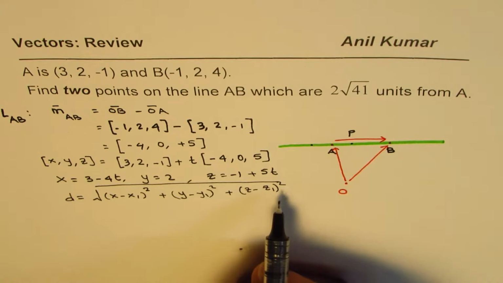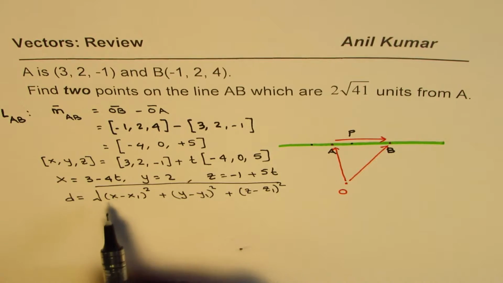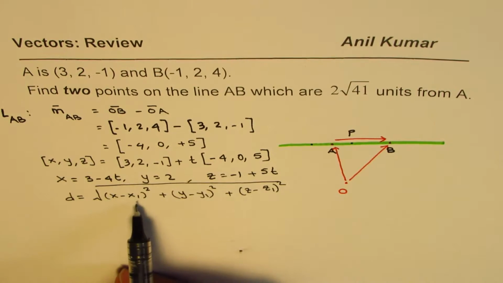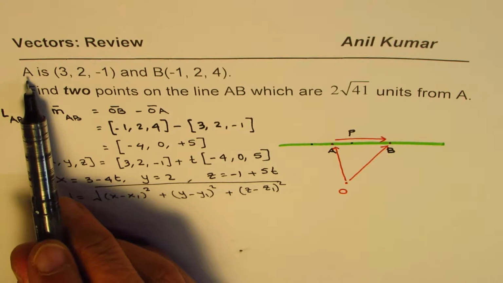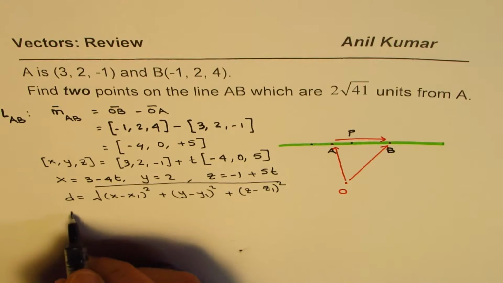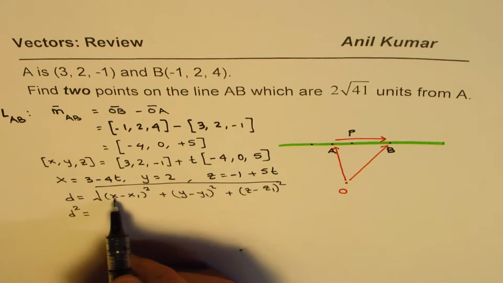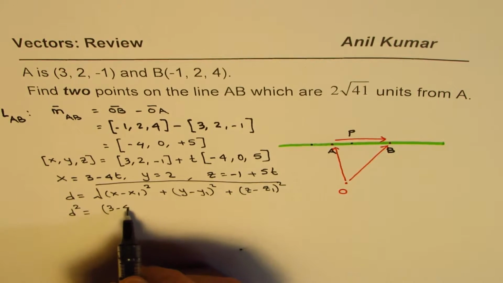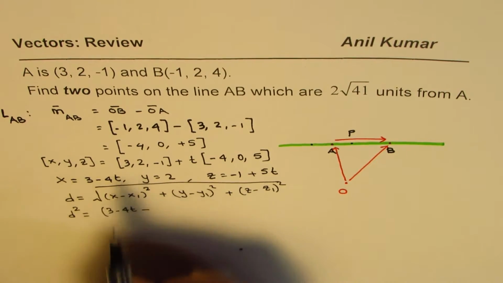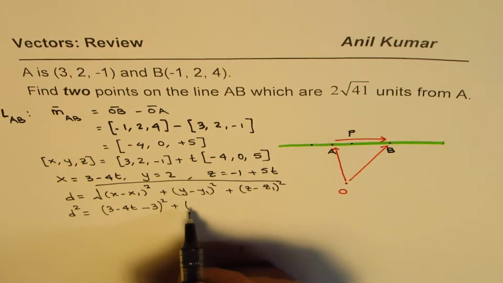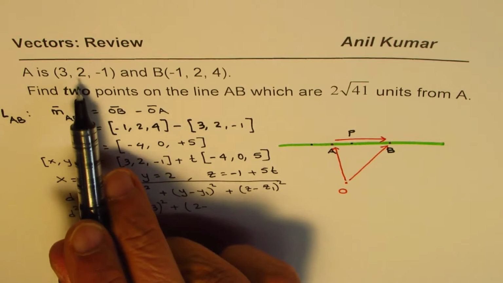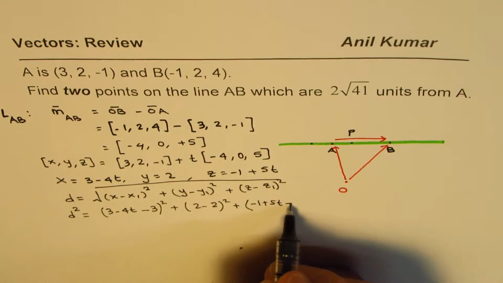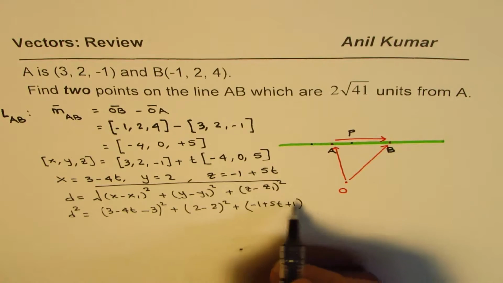We use x, y, z as the values for the general point on the line, and x1, y1, z1 as the coordinates of A. We can also square it, so d squared equals (3 minus 4t minus 3) whole squared, plus (2 minus 2) whole squared, plus (-1 plus 5t, take away -1, so that becomes plus 1) whole squared.